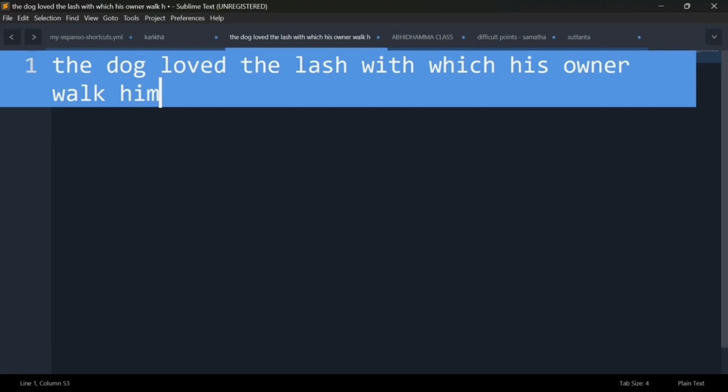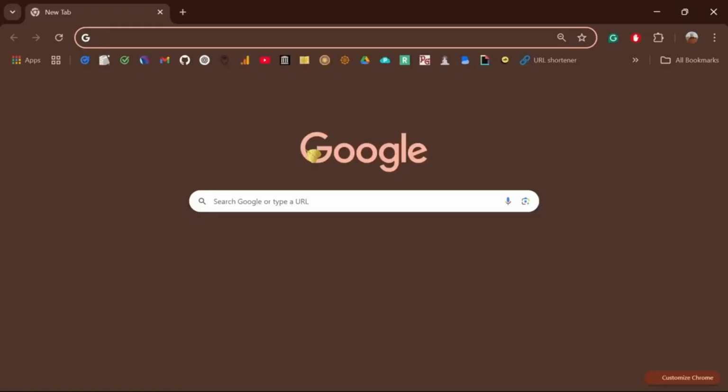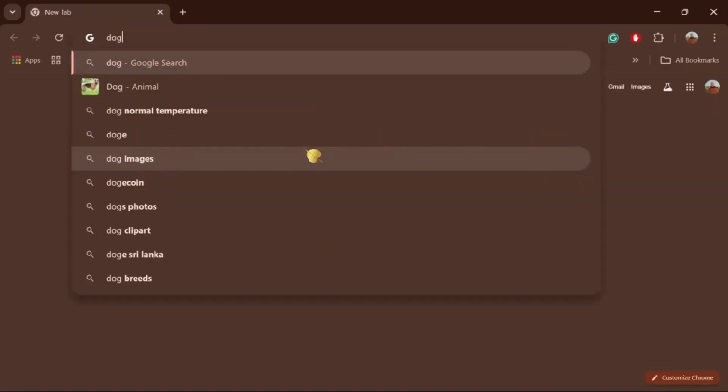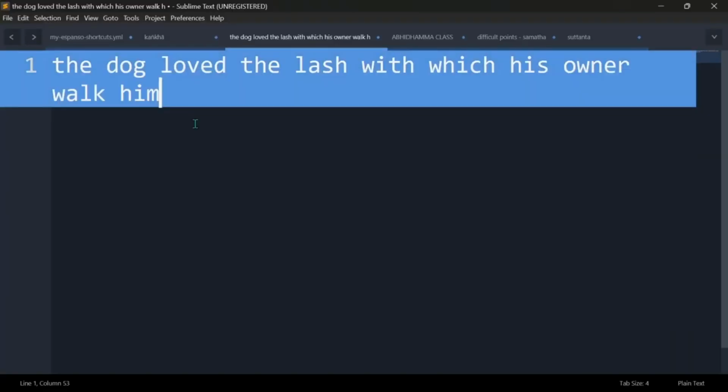You understand my sentence? You know leash? You use that to hold the dog. This is a leash. Okay, so I think my sentence is okay.